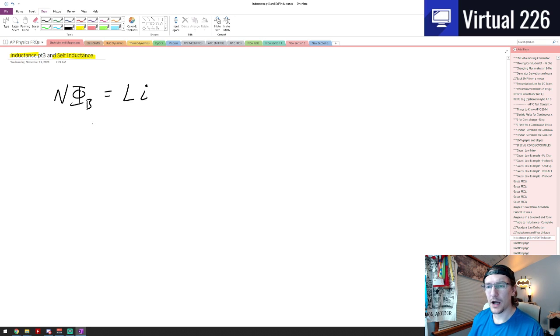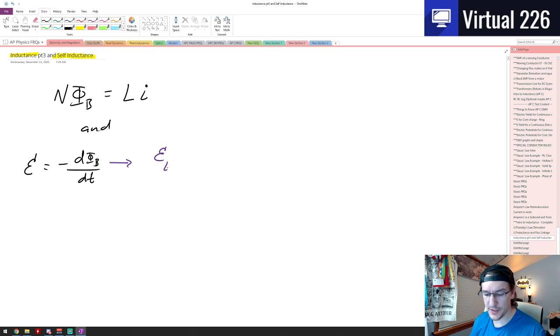So this is an equation we have here as a first principle. We can also write that an EMF for induction can be thought of as the negative derivative of the B flux with respect to time. If we carry this idea forward, the EMF for an inductor would equal the negative, because of Lenz's law, and in our case we won't just have a flux, we'll have a flux linkage.